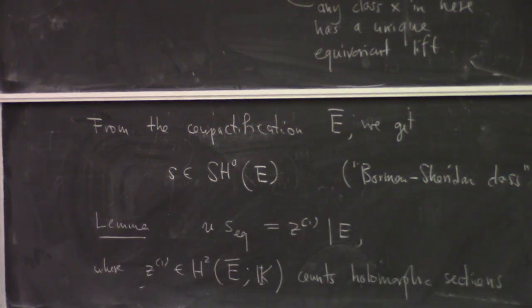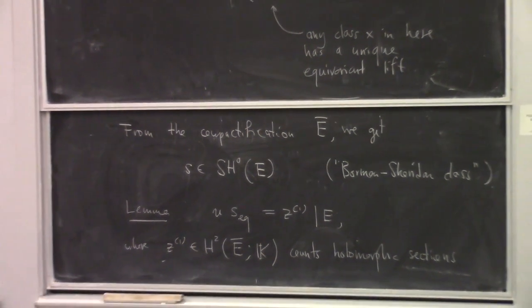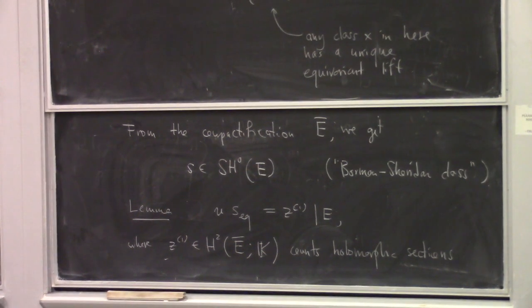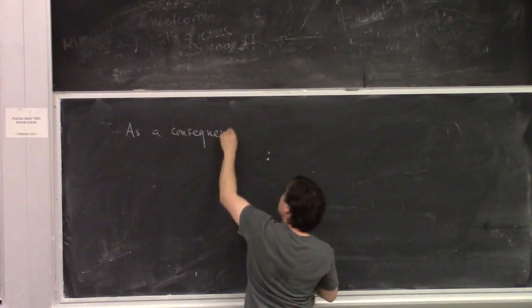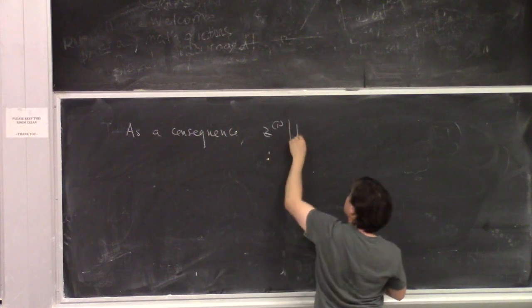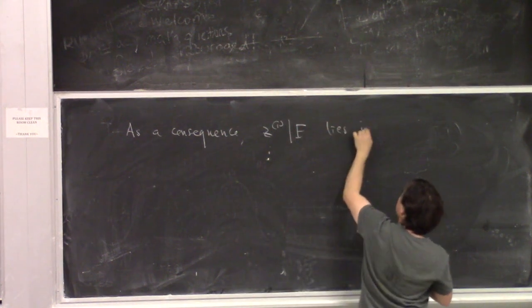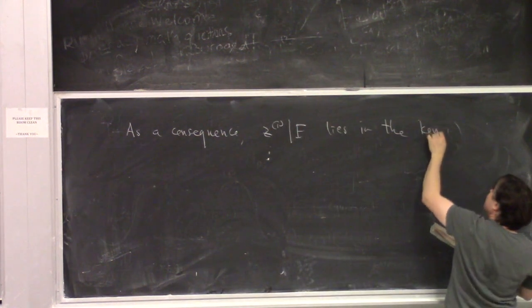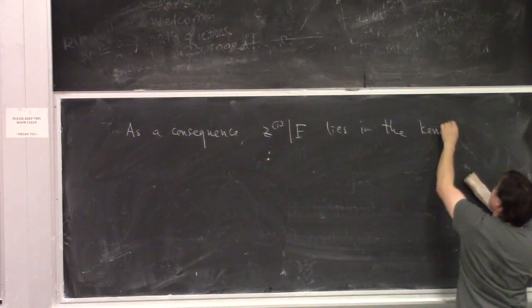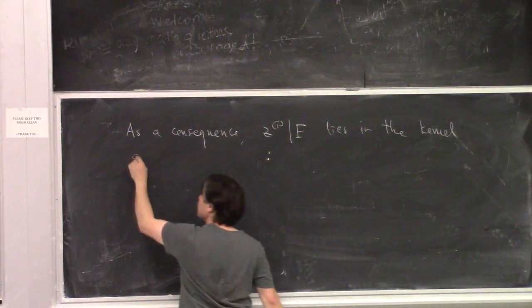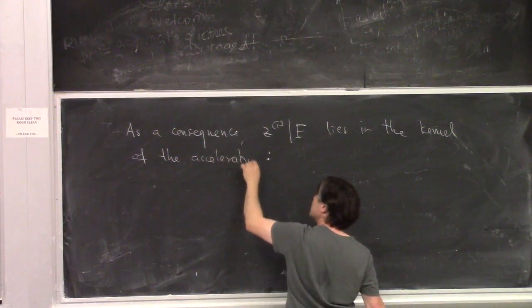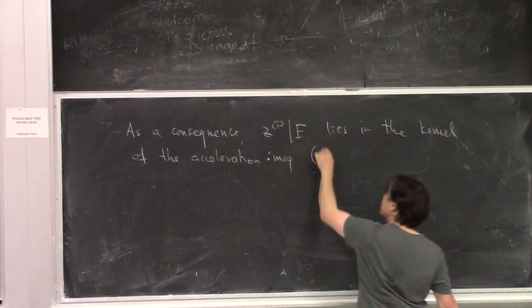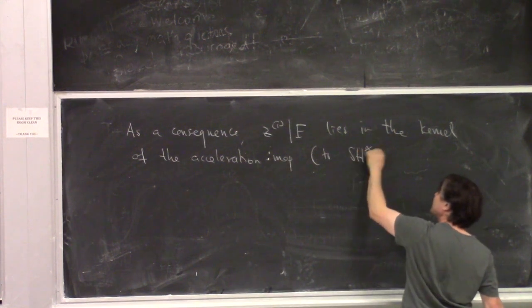So as a consequence, I would like to point out to you that this thing here lies in the kernel of the ordinary map that just maps this thing here, right?